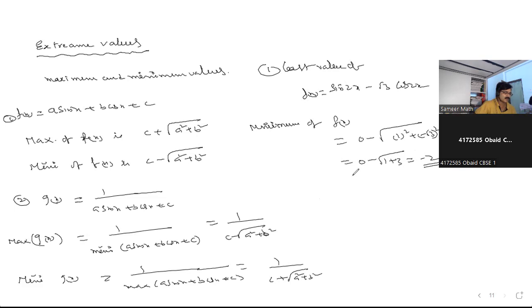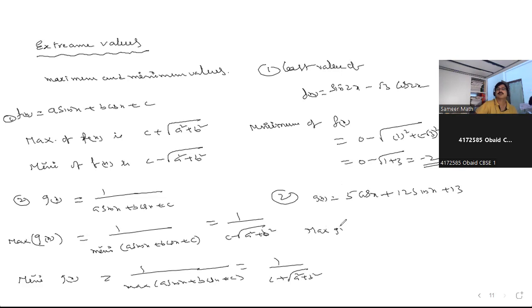Right. And suppose if I said it to you, the different types are there, no doubt. Directly we are taking the values. Second question, I'll write here: 5 cos x plus 12 sin x plus 13. Let us say that this is g of x. So what we are doing here?